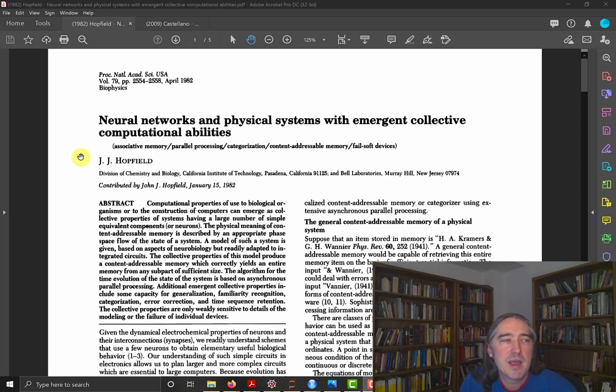If you've got n neurons, you know this from the Ising model: if you've got n spins, each is a two-state system, that means you have 2 to the n potential states. That's a ton of states.